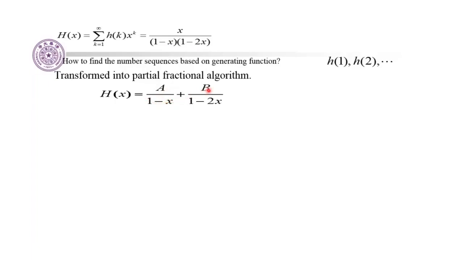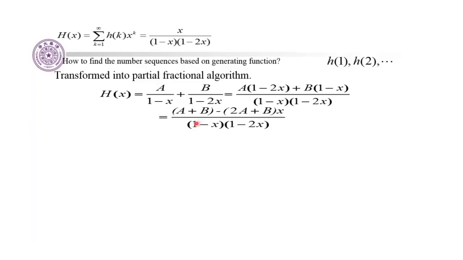After merging the denominators here, the new numerator becomes a multiplied by 1 minus 2x plus b multiplied by 1 minus x. The denominator becomes 1 minus x times 1 minus 2x. The numerator's constant term is a plus b. The coefficient of x is negative 2a minus b. Then this should correspond one to one with the original numerator.